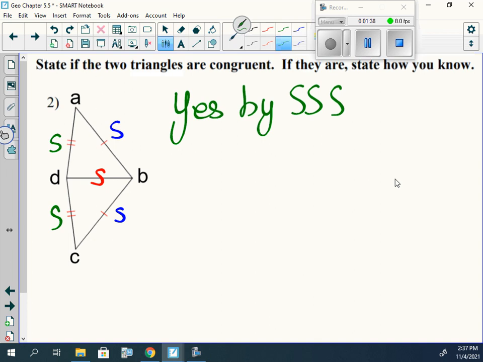Now, here comes the proof part of it, quote unquote. What do we know that is congruent? Well, we know AB is congruent to what? CB or BC, yes? That's one of the side lengths. What else do we know is congruent?